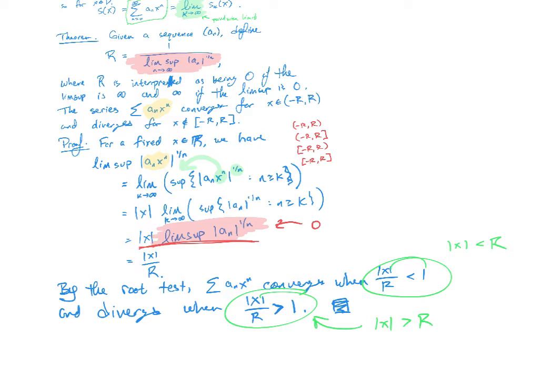If the lim sup is infinite, then this theorem will never tell us that we converge. Okay? Because this lim sup will be infinite, and so will never be less than 1, according to the root test.